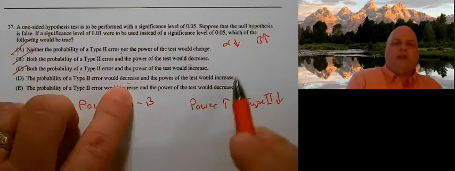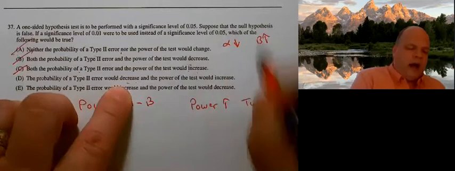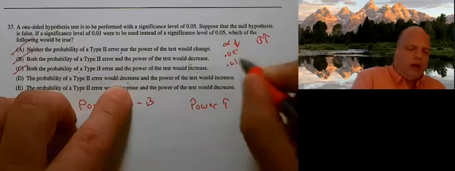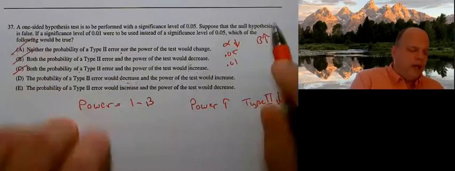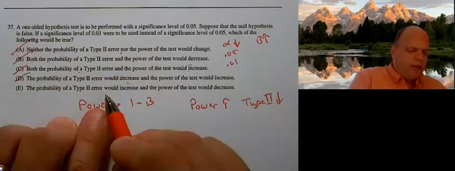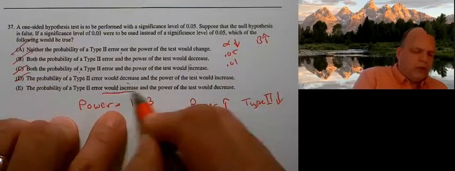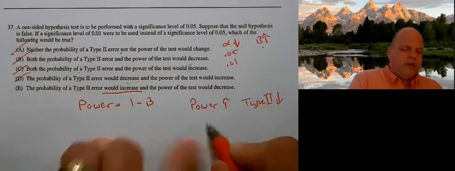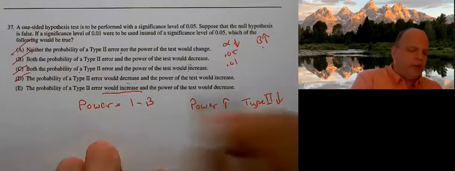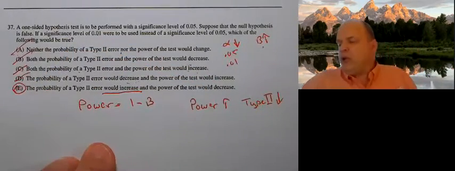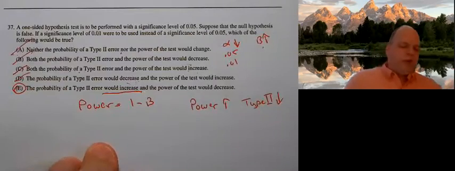The probability of a type 2 error would decrease? No, we said as alpha goes down, and alpha went from 0.05 down to 0.01, beta goes up. So that's not true. The probability of a type 2 error would increase? Yes. And as type 2 increases, power moves the opposite direction.